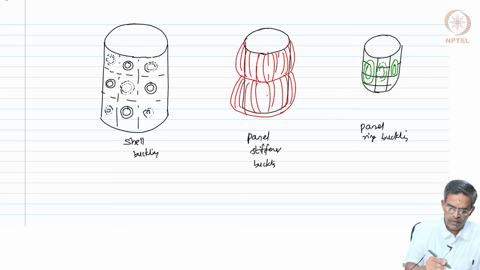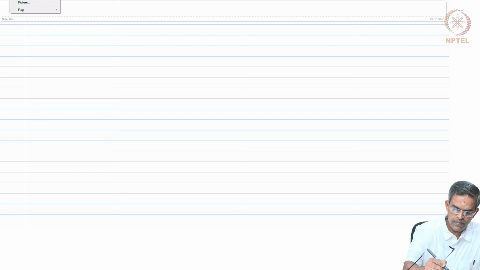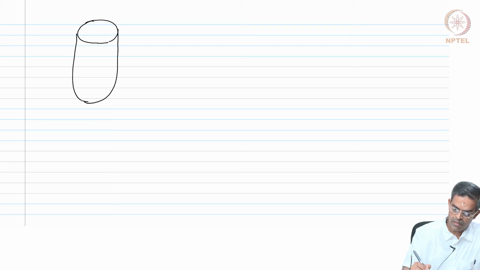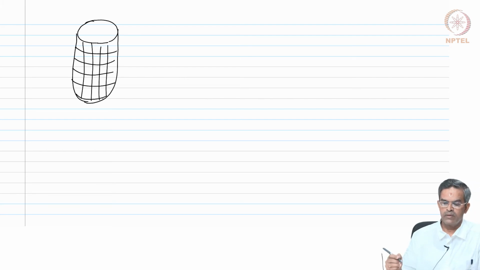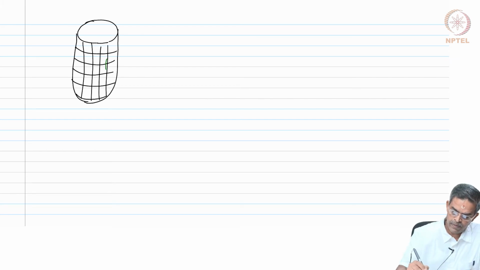Of course, general buckling looks like this. There will be tension and compression stress concentrations all along the length of the member.